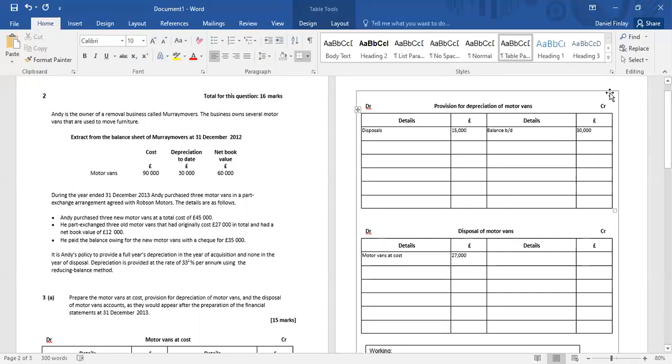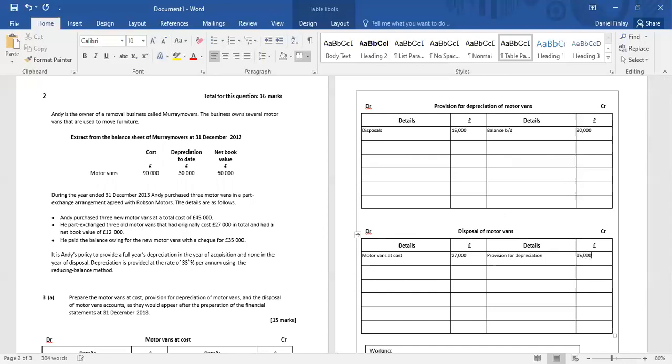It's on the credit side, so it's reducing my depreciation, so it'll go on the debit side on the disposals account. So provision, which is 12,000, 15,000, sorry.